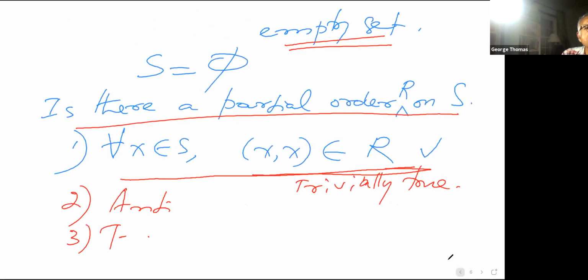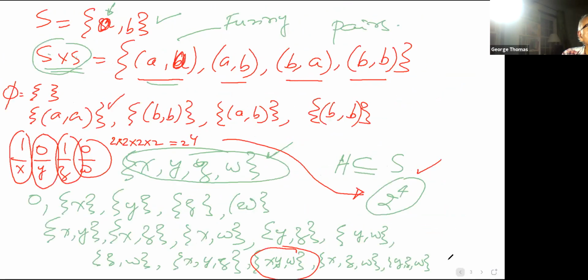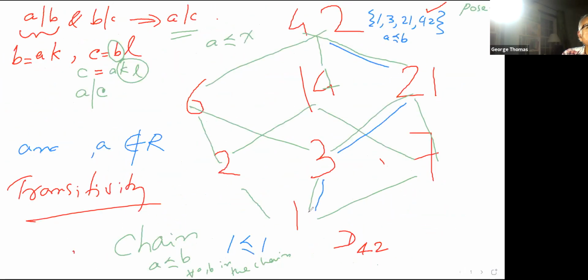Total order. Next topic. We are leaving partial order. I told you a little while ago, if you take the divisors of 42, 1, 3, 21, 42, every element is a divisor of things above that.